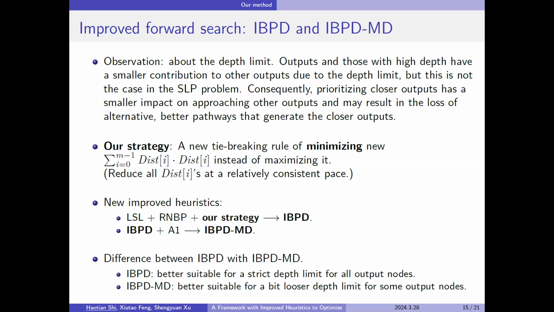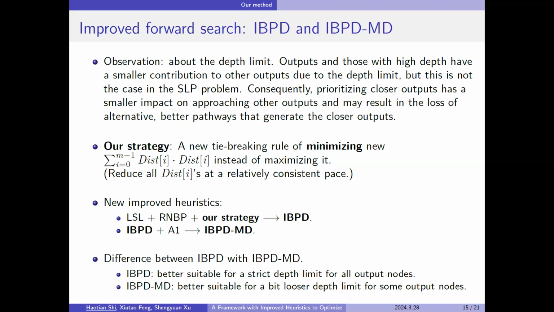Based on the observation, we propose a new tie-breaking rule of minimizing the Euclidean norm of the new dist vector instead of maximizing it. The effect is to reduce all dist i's at a relatively consistent pace. With our new strategy, we form two improved heuristics.